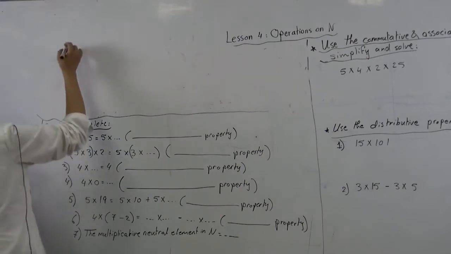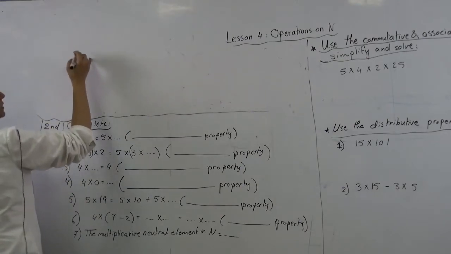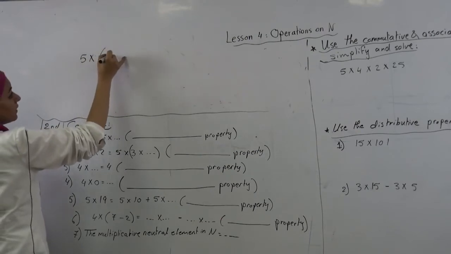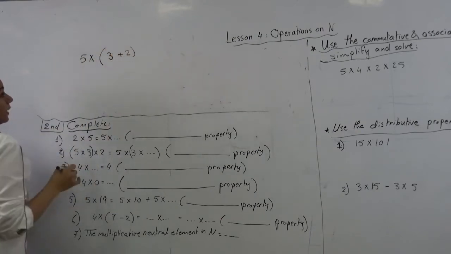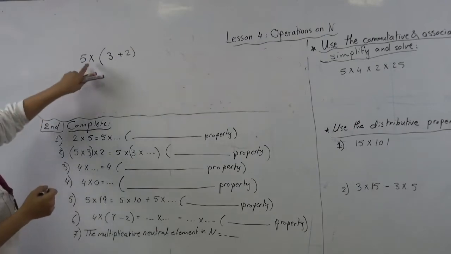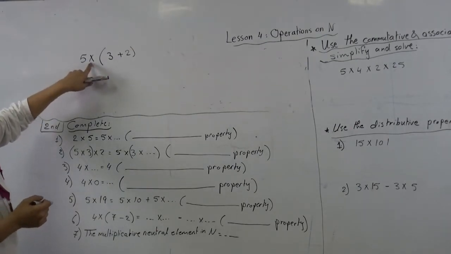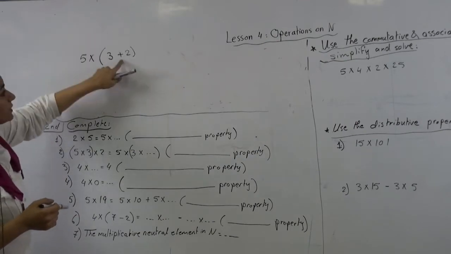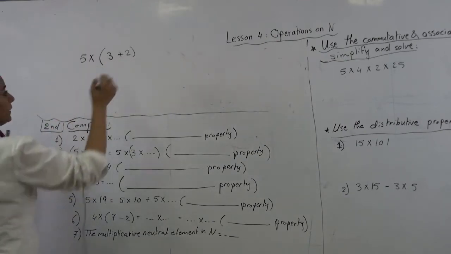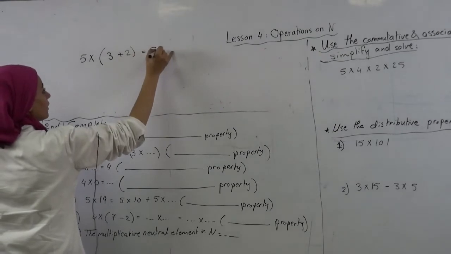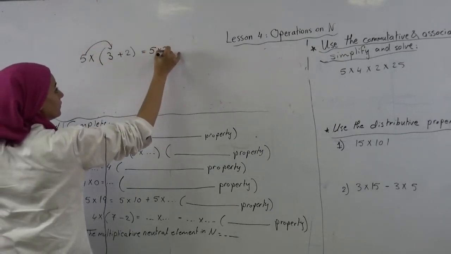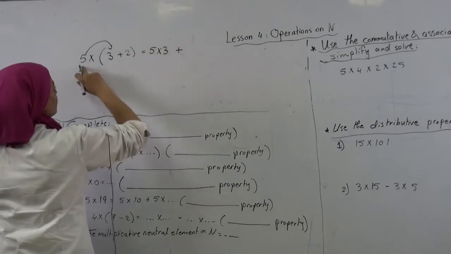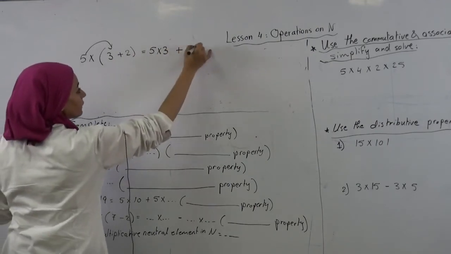That means the distributive property looks like this. For example, 5 times, open brackets, 3 plus 2. This means if multiplication is outside, that multiplication will distribute this number over this bracket. It will be 5 times the first number, 3, plus or minus, here it is plus, 5 times 2.